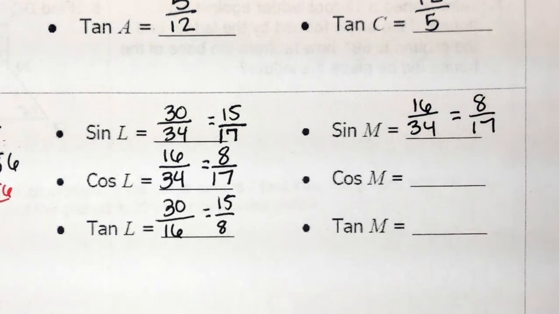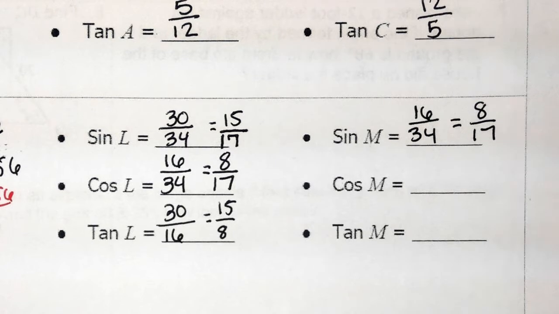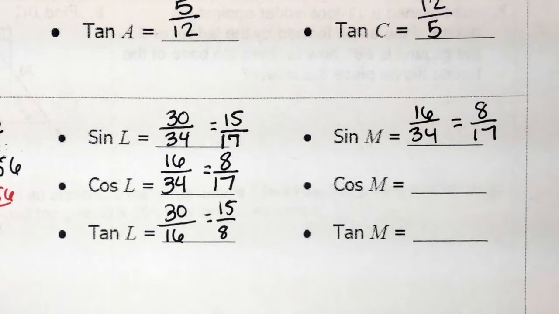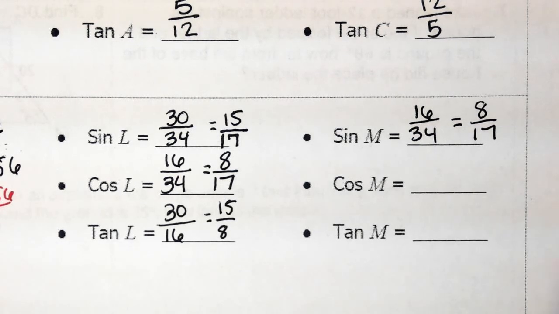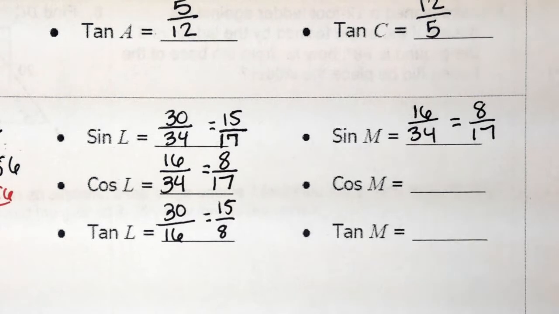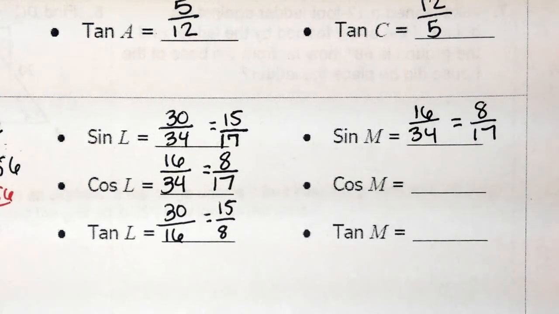Alright, let's move a little faster now. Cosine of angle M, from angle M. Adjacent. Adjacent over hypotenuse.